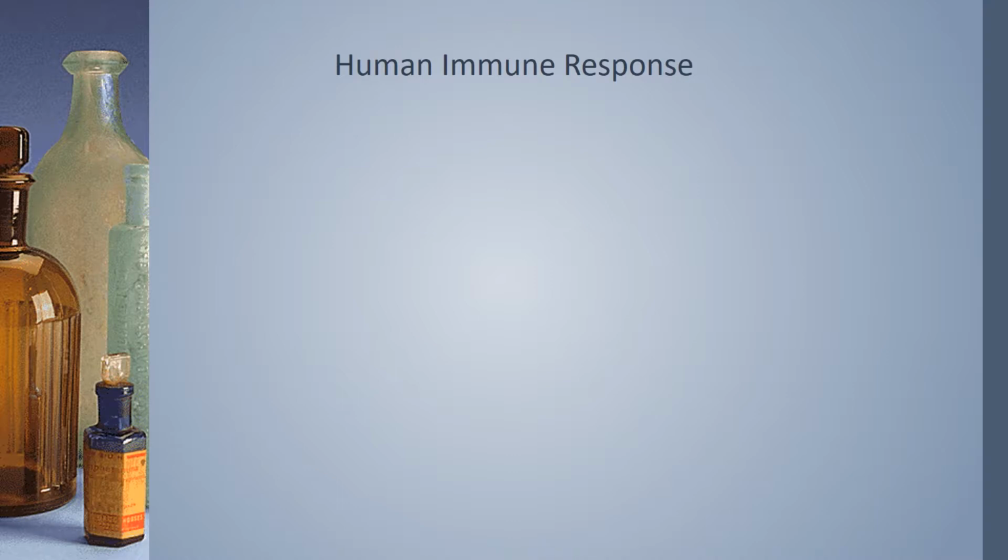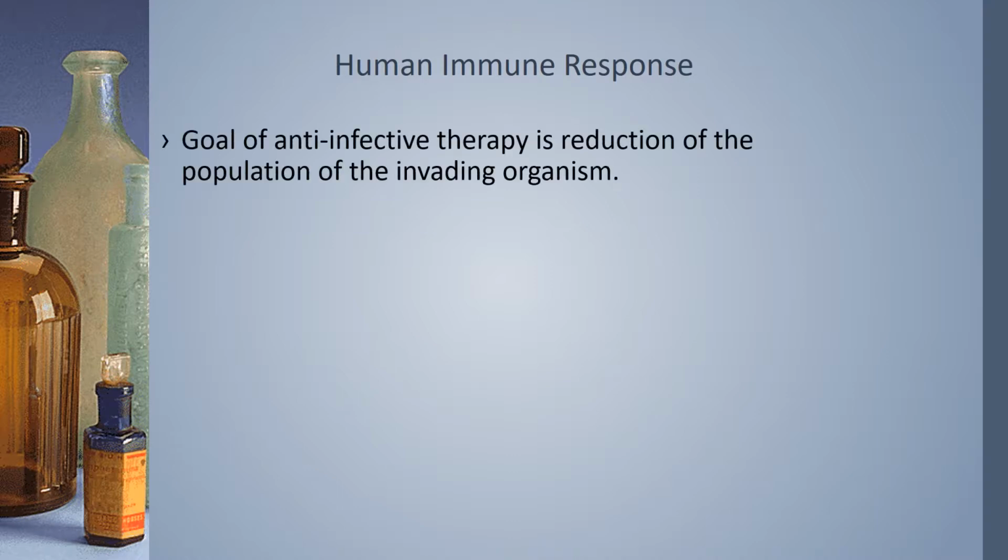All right, so human immune response. The goal of anti-infective therapy is the reduction of the population of the invading organism. In some cases, that antibiotic is going to be able to kill that microorganism.